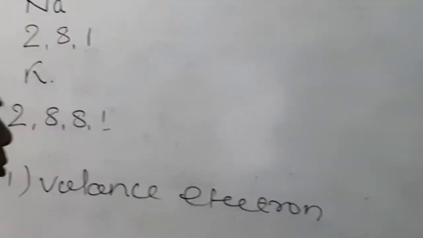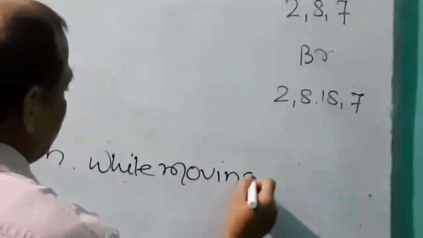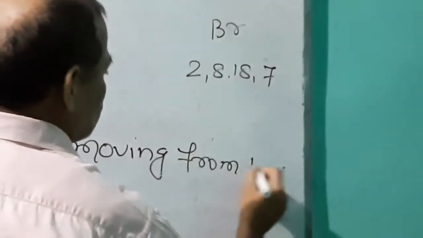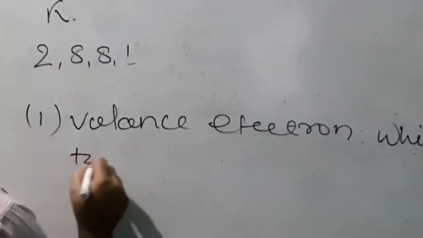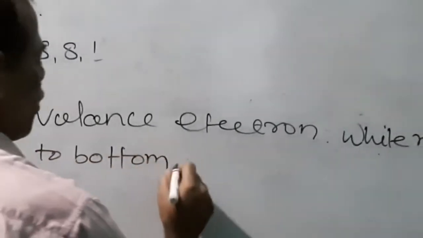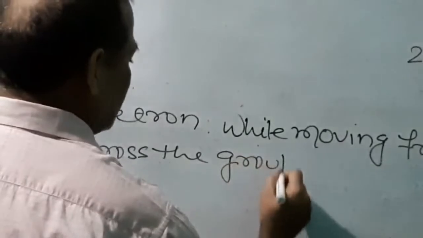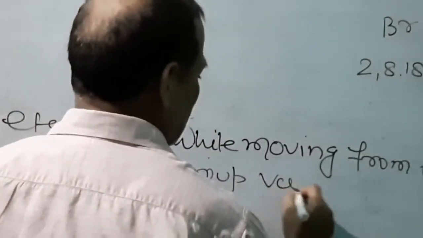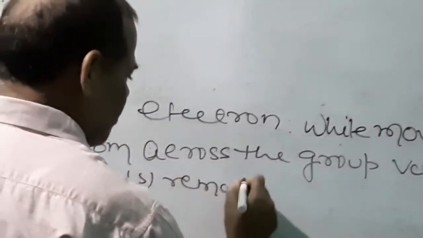So the characteristic of a group regarding the valence electron while moving from top to bottom across the group is that valence electron remains the same.